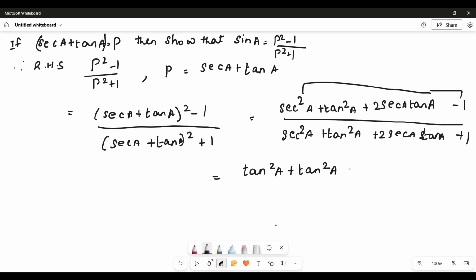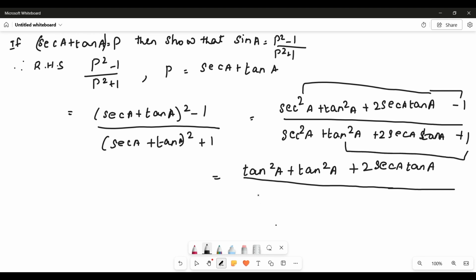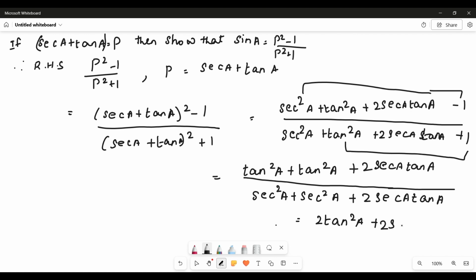So this becomes tan squared A plus tan squared A plus 2 secant A tan A. And in the denominator we know that 1 plus tan squared A is equal to secant squared A. So we'll write that as secant squared A plus secant squared A plus 2 secant A tan A. It's equal to 2 tan squared A plus 2 secant A tan A over 2 secant squared A plus 2 secant A tan A.